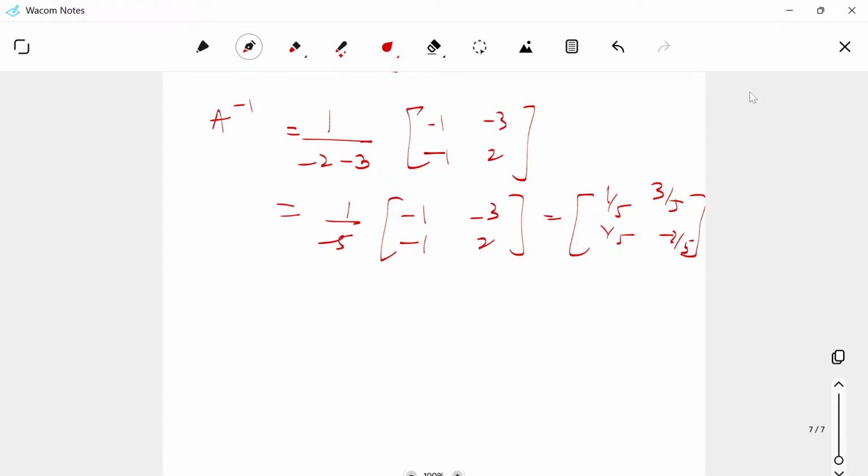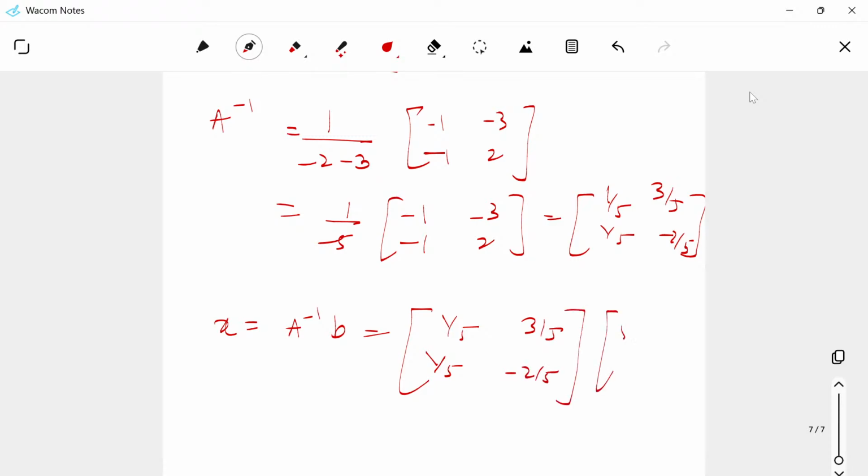So x will be equal to A inverse of B, that is [1 over 5, 3 over 5; 1 over 5, minus 2 over 5] multiplied by [5; 1].